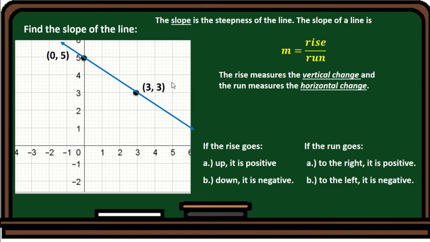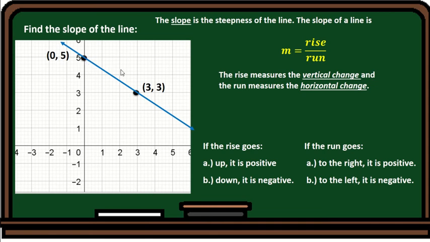Now, let's have it here. So, we will start on the first ordered pair of our graph. Since nandito tayo, papunta tayo dito sa second ordered pair. So, rise and run. Ang gagamitin na natin na daan is in the y-axis. So, from this point, magka-count tayo ng pababa. Bakit pababa?